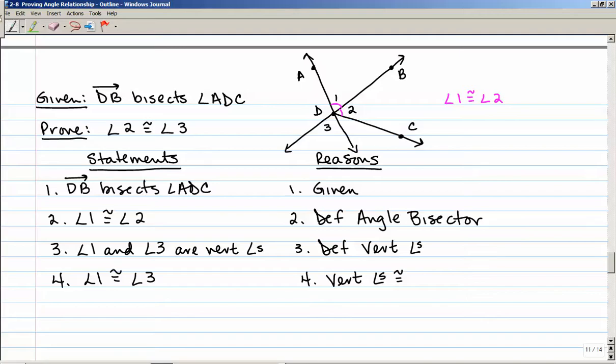Now looking at step 2, angle 1 is congruent to angle 2. And then step 4, angle 1 is congruent to angle 3. By substitution, if 1 is congruent to 2 and 1 is also congruent to 3, then angle 2 is congruent to angle 3. And all I did there was substitute. And I've gotten to what I have to prove.